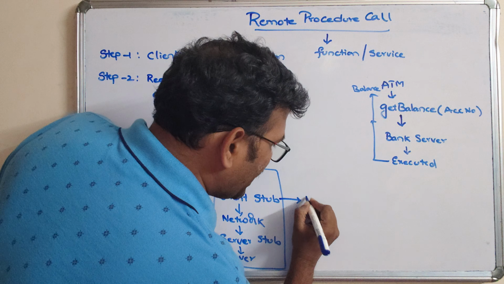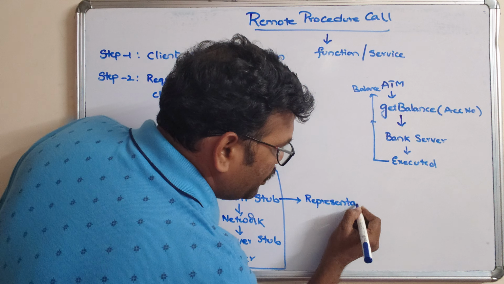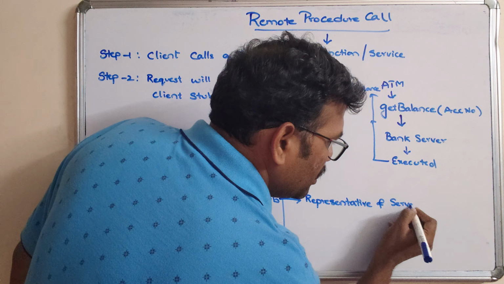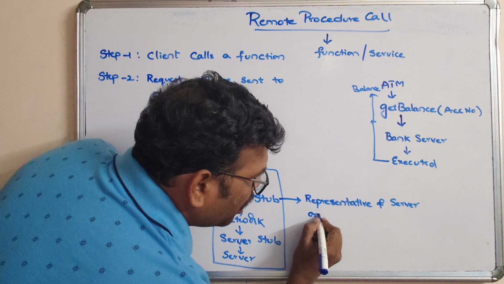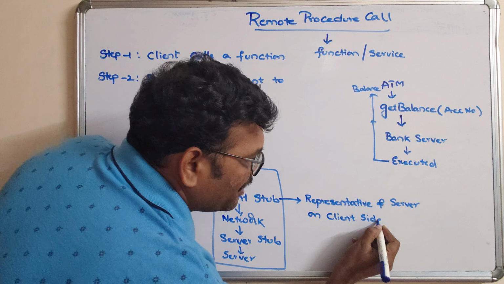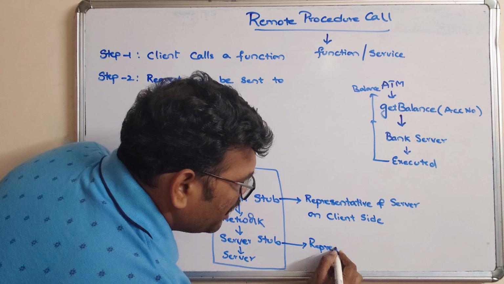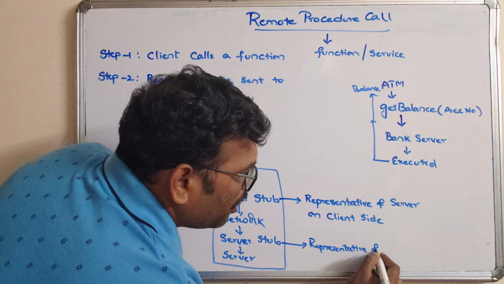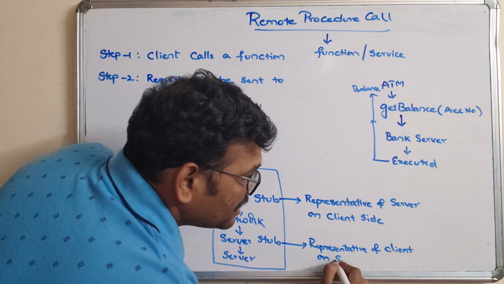It is just acting like a representative of server. The representative of server on client side. And server stub is representative of client on server side.